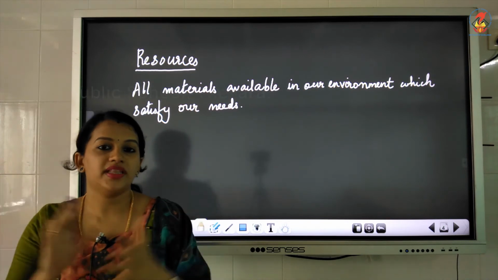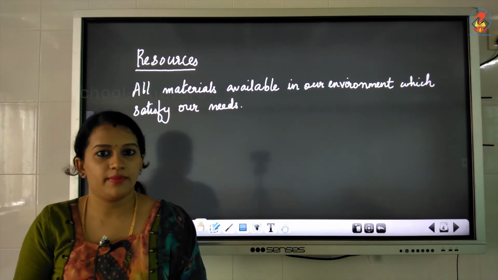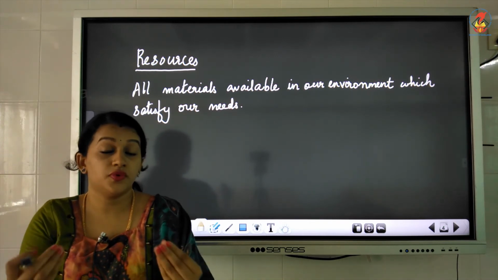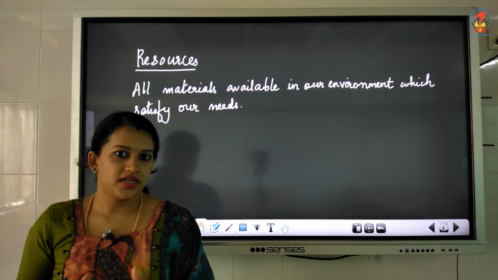That means whatever things that are present in our environment and which can be converted and used for our needs, that are useful to us, are called resources.